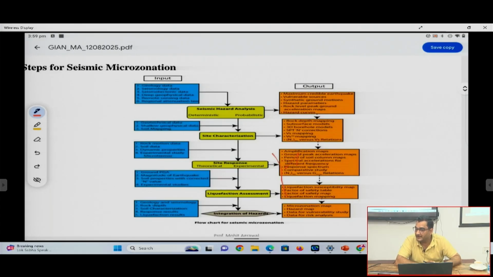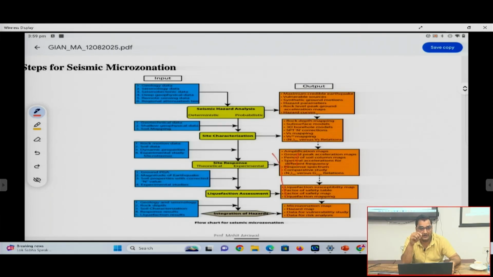In this hazard analysis, you are going to find out how much motion is occurring at bedrock. You can do it in two ways. Either you can do it deterministically, that means you find a controlling earthquake. If there is a region surrounded by several faults, then you need to find out which fault and which earthquake produces the maximum PGA value at the site of interest.